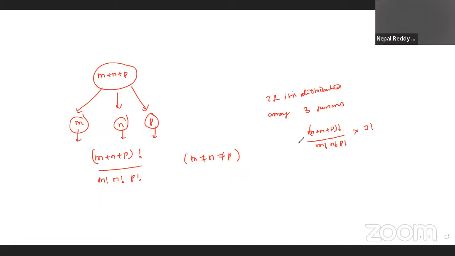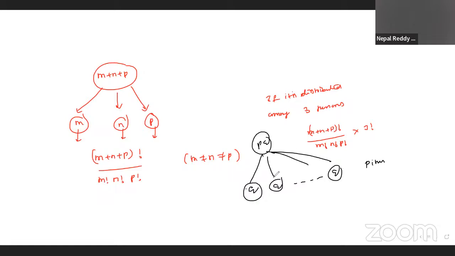Next, division of items into groups of equal size. Suppose the number of ways in which PQ different items can be divided equally into P groups, each containing Q items, Q, Q, Q, and so on, P times. Here you have PQ objects.